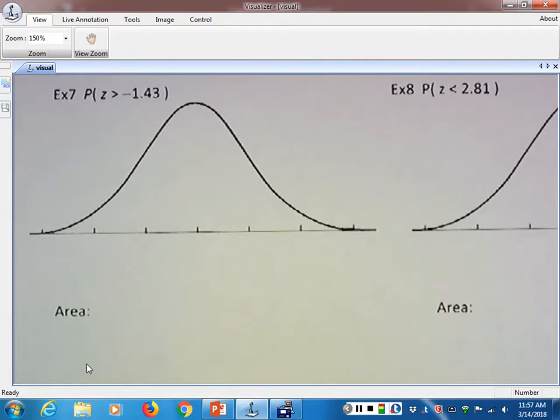Okay, this one says we're looking for the probability that we would get a standard score, that's the other name for the Z-score, that is greater than negative 1.43. First thing we always do, label the curve.